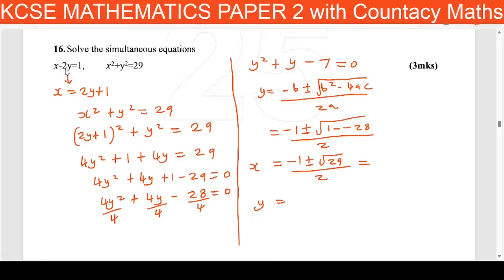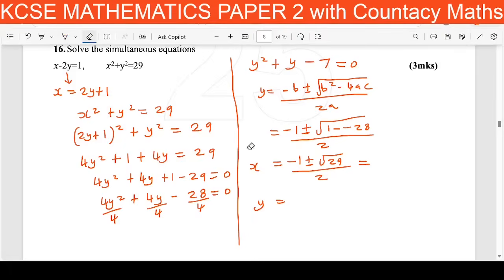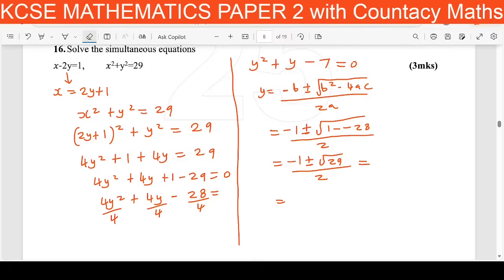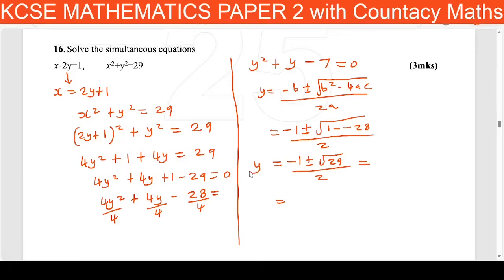For y here, remember, this one is going to give you the value for y actually. This one will give you the value for y because this is the value for y that you are finding here.